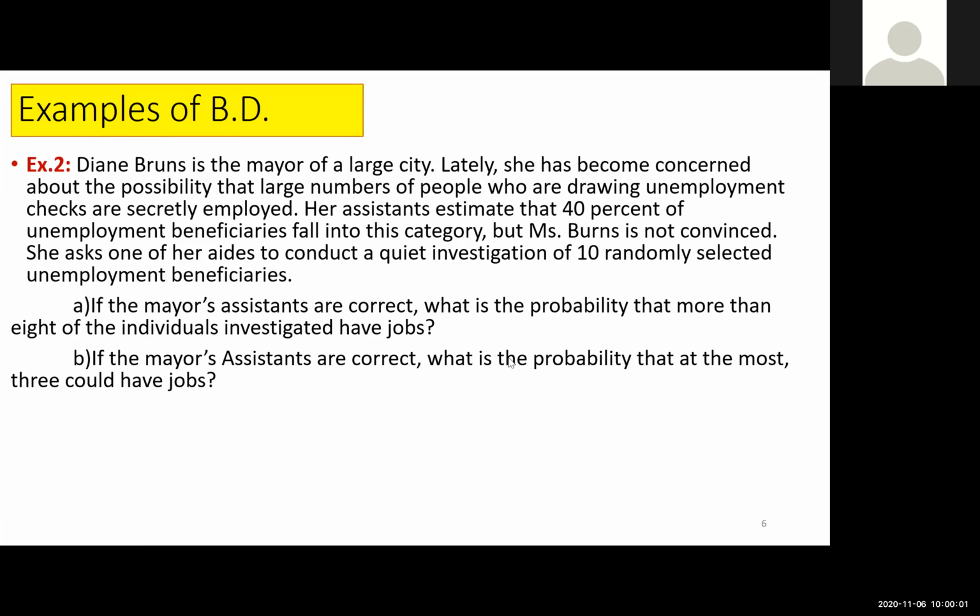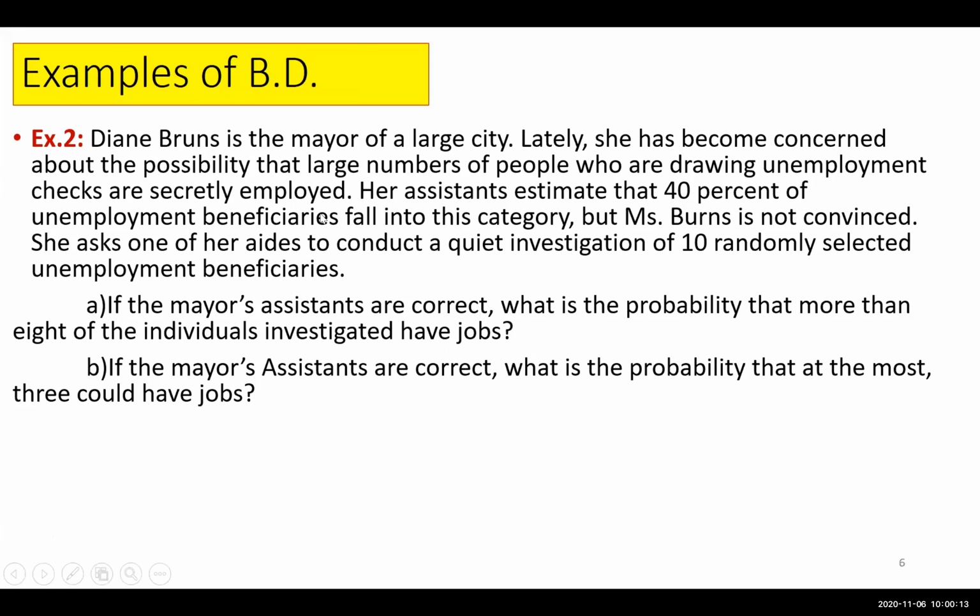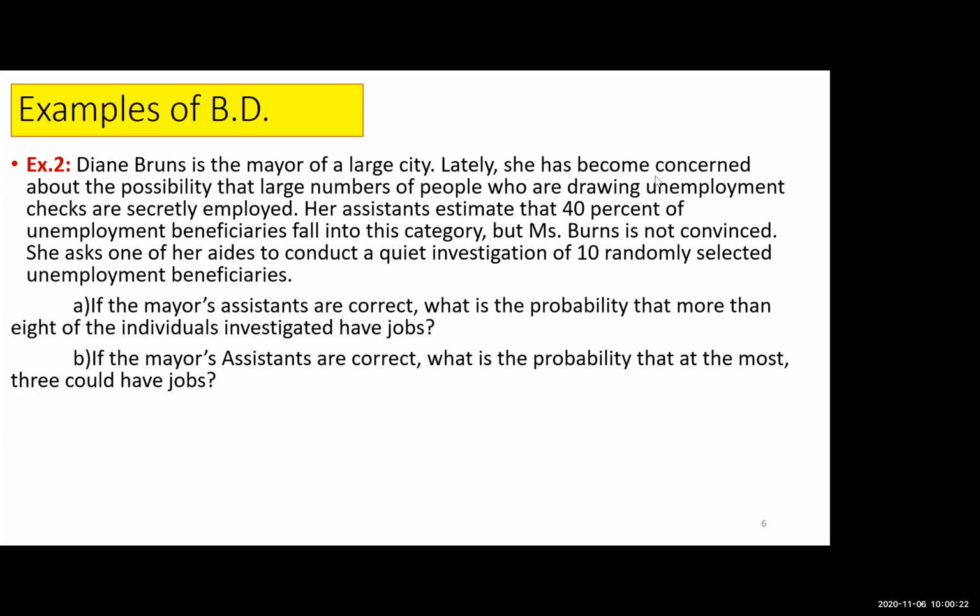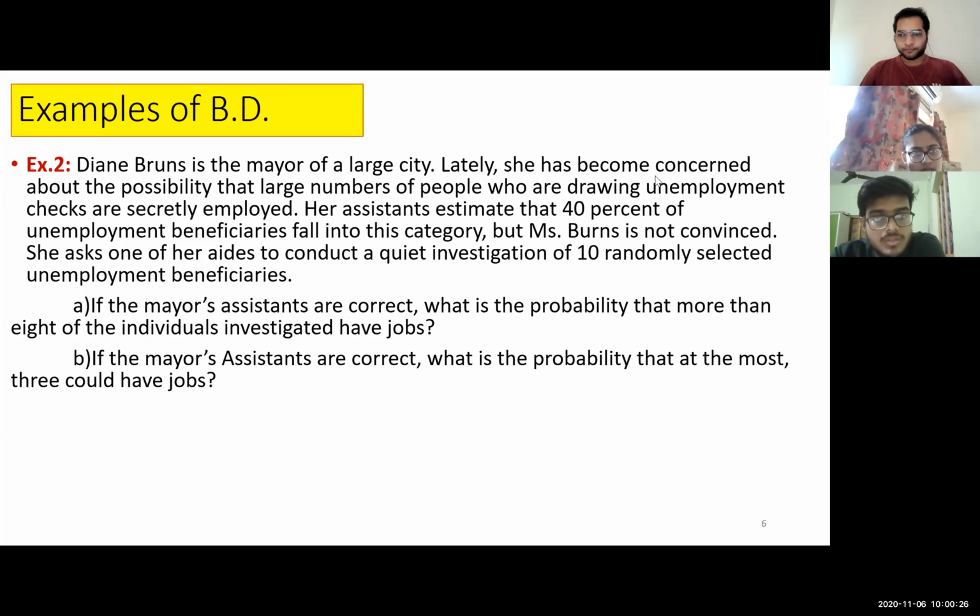So here the question is, Diana Burns is the mayor of a large city.